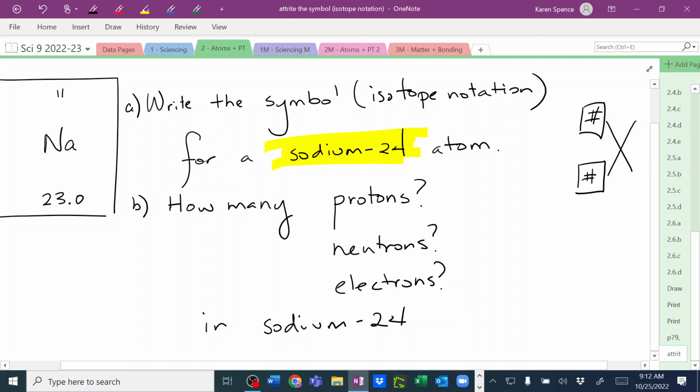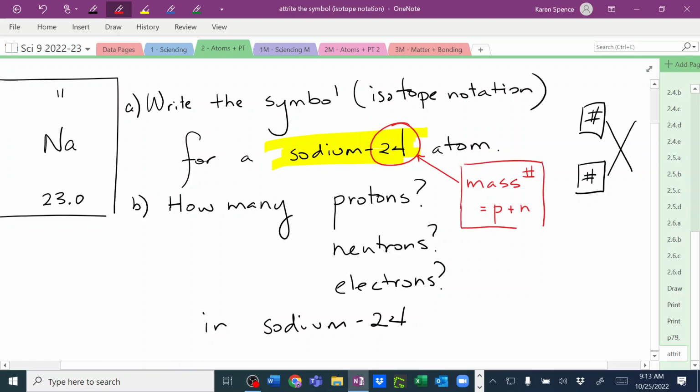All right, shall we give it a go together? What do we remember about this number that comes after the dash? That is the mass number. And so the mass number is equal to what? The protons plus the neutrons.